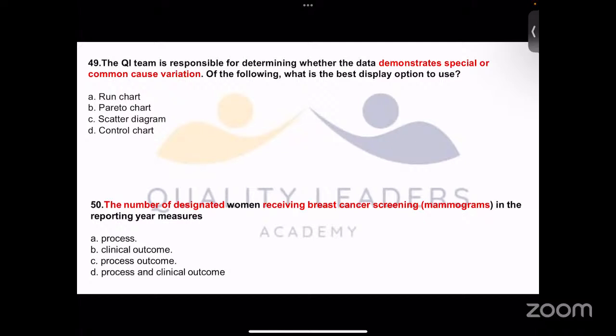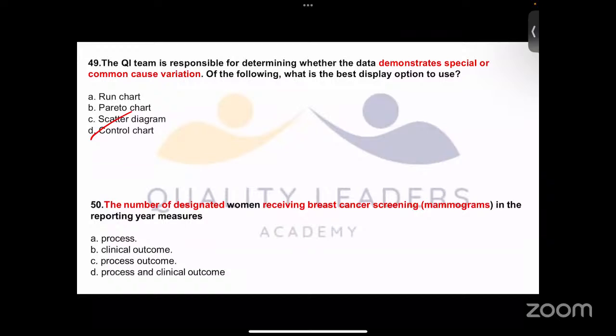Okay, the correct answer here is the control chart, because both common and special causes can be best displayed in a control chart. Letter D is the correct answer.